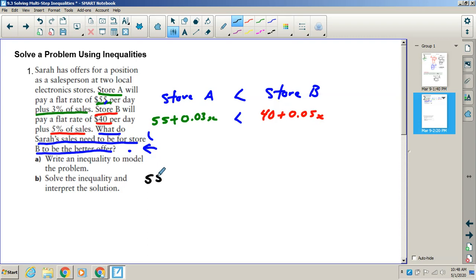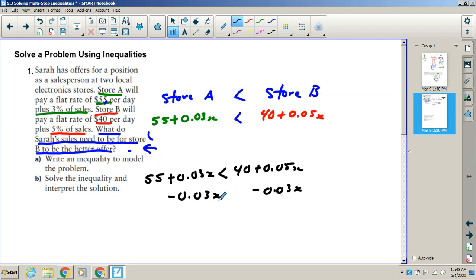Here it is. I've got my 55 plus 0.03x, my inequality sign is this way, and I have 40 plus 0.05x. Now I'm going to solve this. I need to get all the x's together, with nothing to simplify on either side. I'm going to subtract 0.03x from both sides. Again, I didn't have to start there, but I am going to start there.